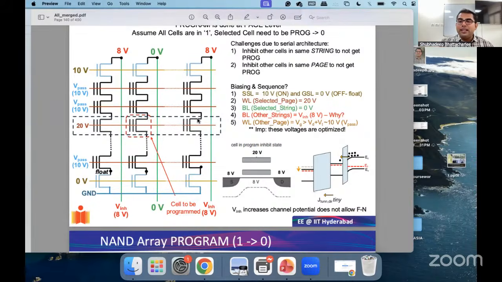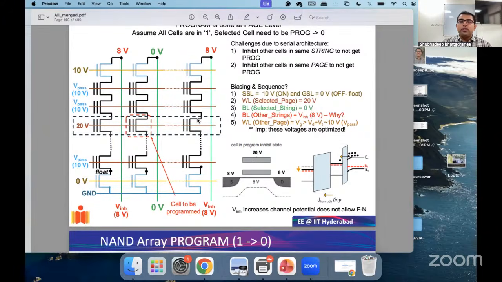So how do you meet these competing requirements? See, these problems were not there in random access, because in random access, unlike serial access, which is the case in NAND flash, you had individual access to all the cells. But here you do not really have individual access. So how do you manage these things?